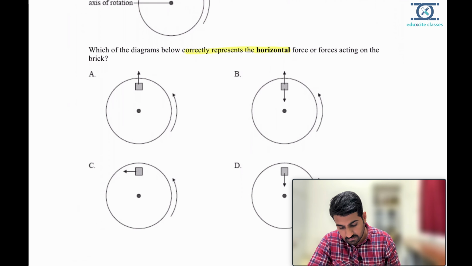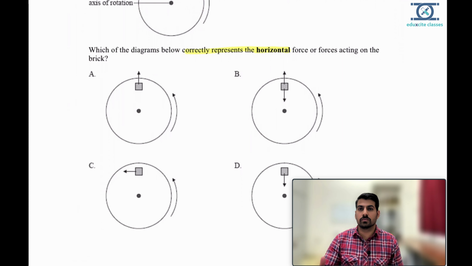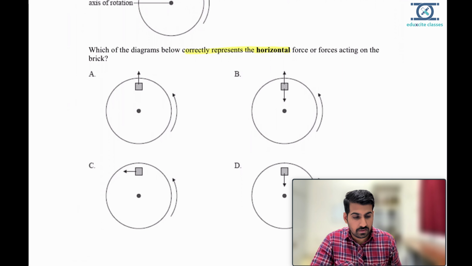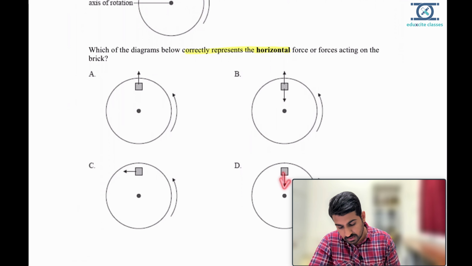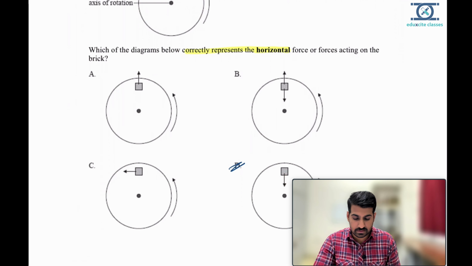We know that there will be only one force acting towards the center. That force is similar to the bending of the car, so the friction will be acting towards the center. That is the only force acting in this case.